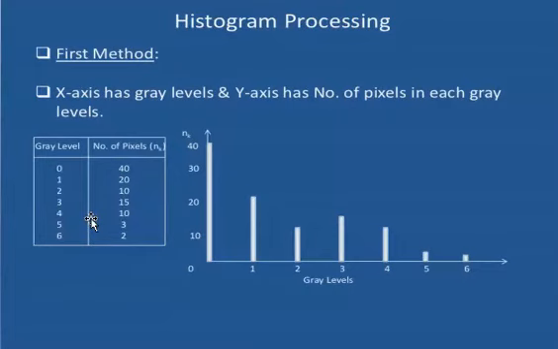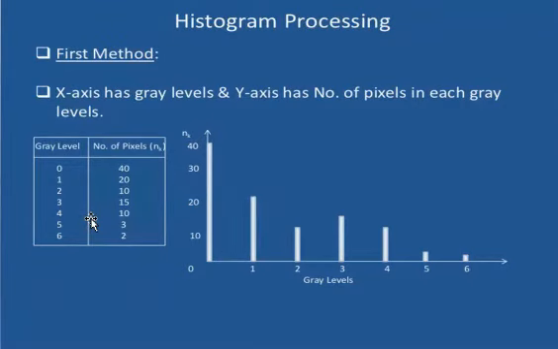You should write like that: 0, 1, 2, 3, 4, and up to 255. If it is a 2-bit image, then 4 levels are there, like 0, 1, 2, 3. So firstly you should concentrate on how many gray levels are there in the image, and then include all these levels in the first column.